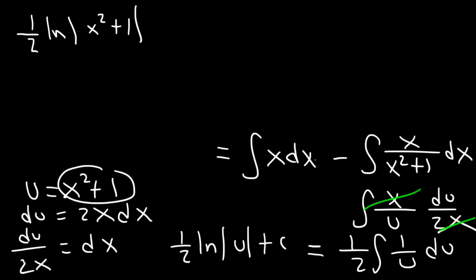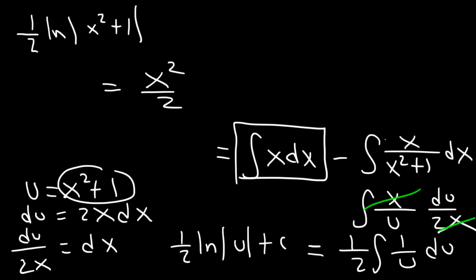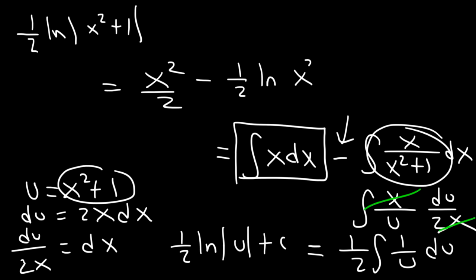So the final answer: the integration of x dx is going to be x squared over 2, and the antiderivative of this stuff is going to be minus, because we have the negative sign, 1/2 ln x squared plus 1. Now we don't really need the absolute value, because x squared plus 1 will always be positive. And then plus c. So that's it for this problem.